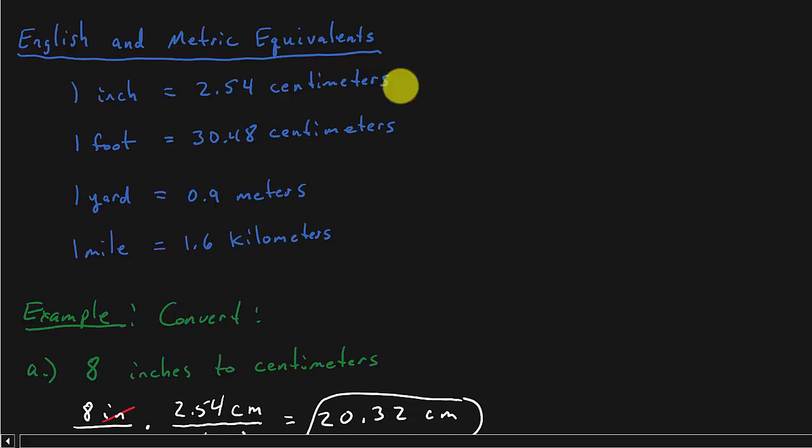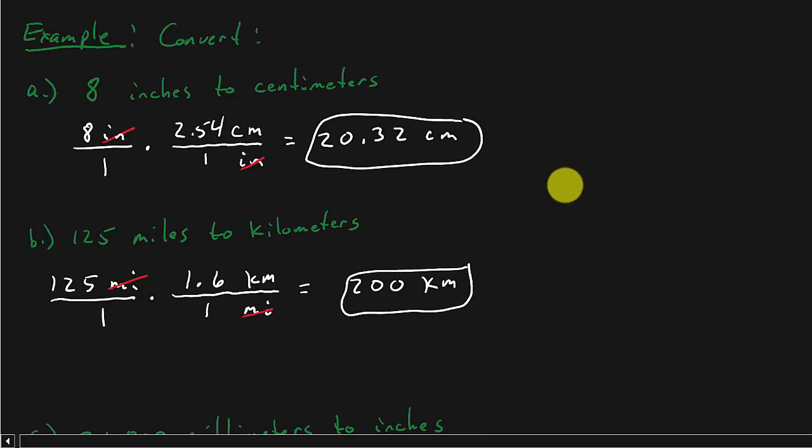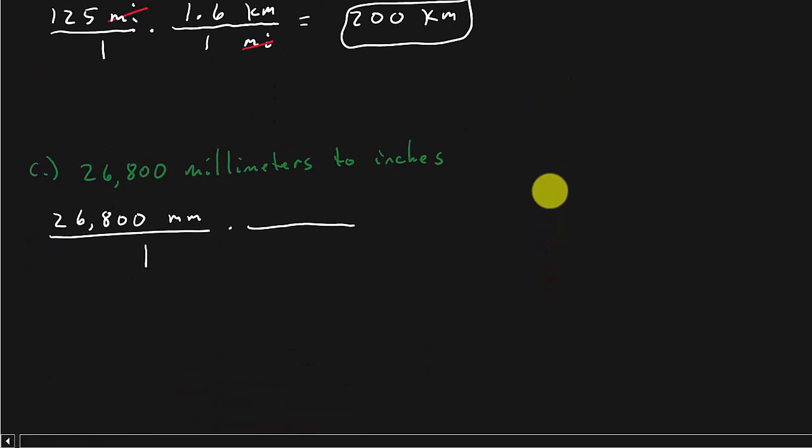Well, if you notice here, I don't have anything that goes from millimeters to inches. The only thing I have with inches is this first one right here, inches and centimeters relating. So that's not going to do me any good, is it?